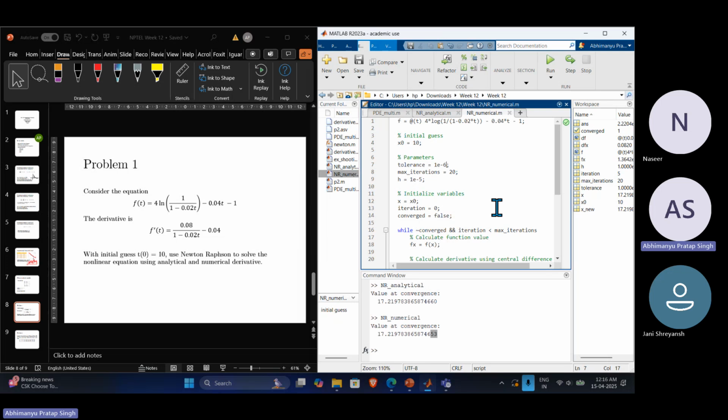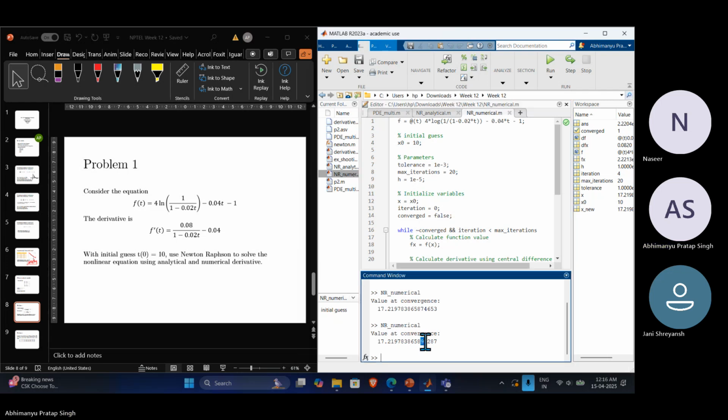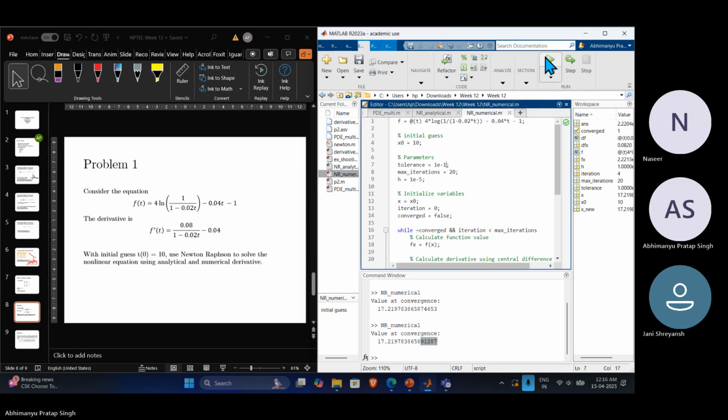Now, if I reduce this tolerance, then I think we might, yeah. So as we start to reduce the tolerance, the solution starts to diverge from the analytical part, but still it's closer to the true solution for a respectable number of decimal places. Still, it's close to the analytical solutions.